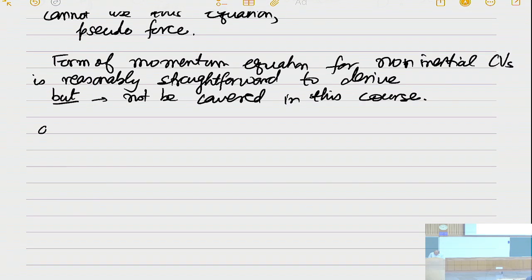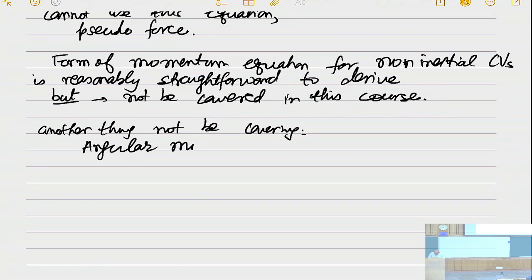Similarly, another thing we will not be covering is the angular momentum equation for a control volume.